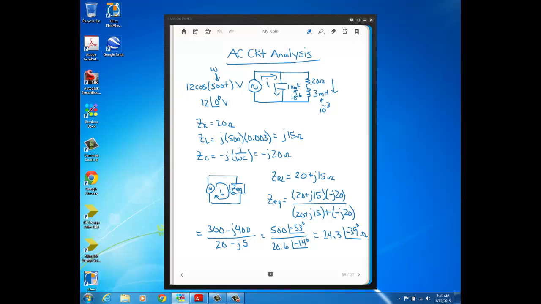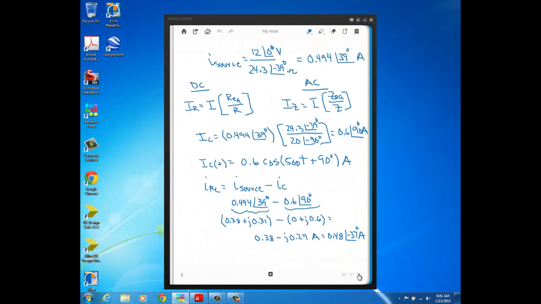So just like in a DC circuit, when you know current and resistance, you can get voltage by R times I. Well, in an AC circuit, once you know current and impedance, you can get voltage from I times Z. So as an example of that, if I wanted the voltage across the 20 ohm resistor, I would just take its impedance of 20 and then multiply times its current, which is, in this example, 0.48. Oops, made an error there.